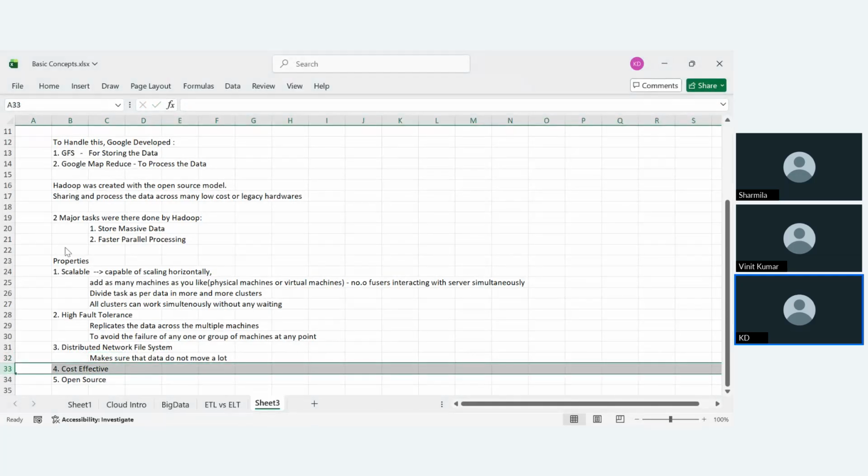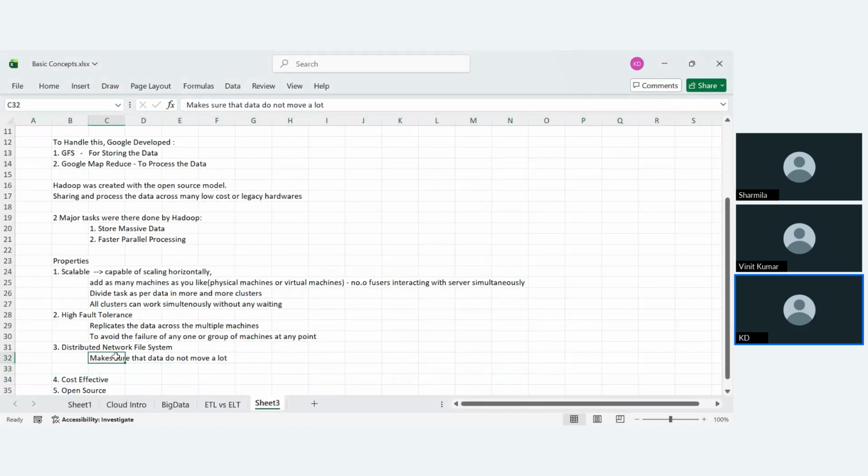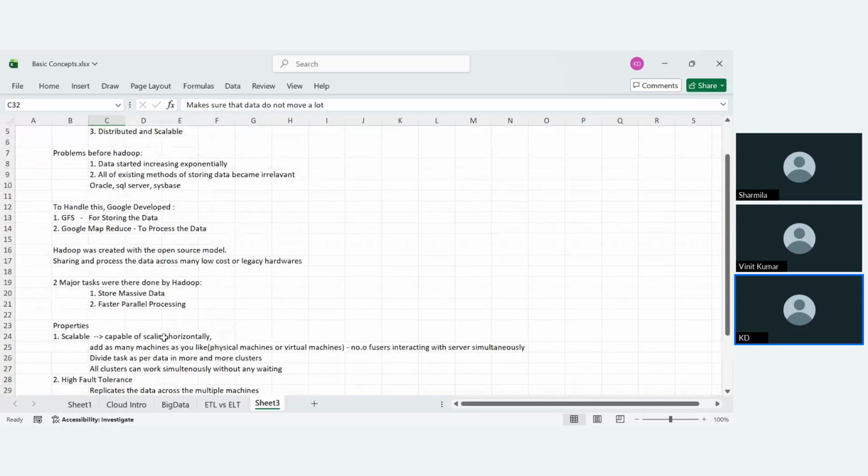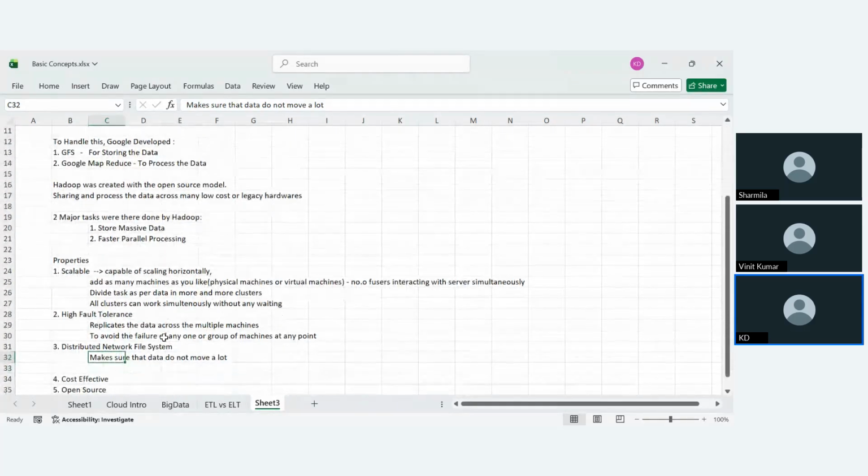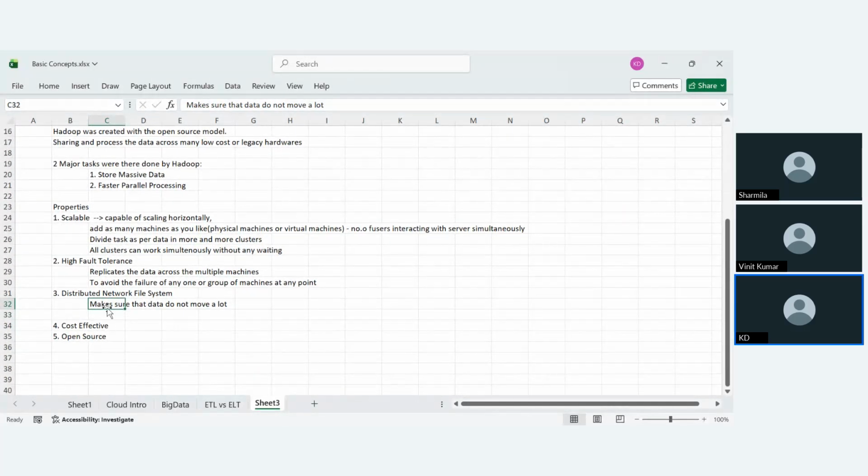Before the introduction of Hadoop, data used to travel a lot from one process to another process, to a third process, to a fourth process. But when the Hadoop file system got introduced, Hadoop ensured that data does not move, because movement of data is always costly.